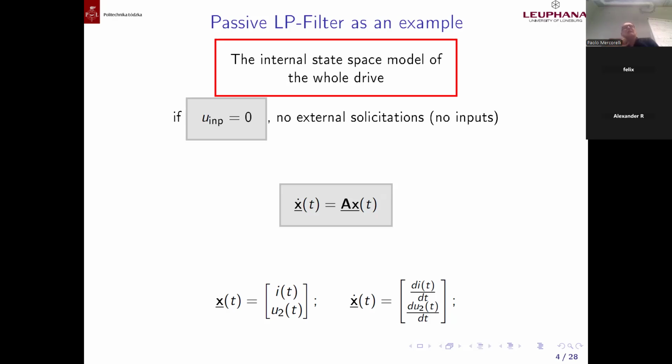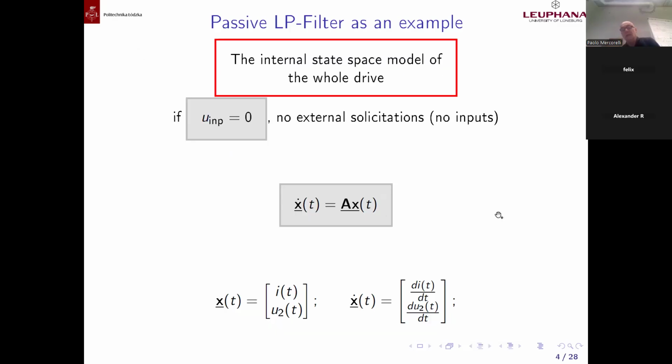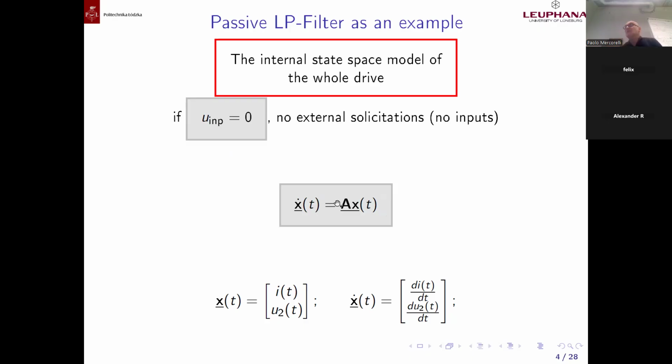Now, the general equation, which you can see here, x dot equals A multiplied by x plus B multiplied by u1, or u input, becomes this in general. In general, we will see that A remains, for this example, this matrix here, in which x again is the current I1.